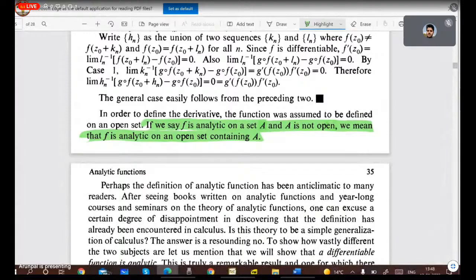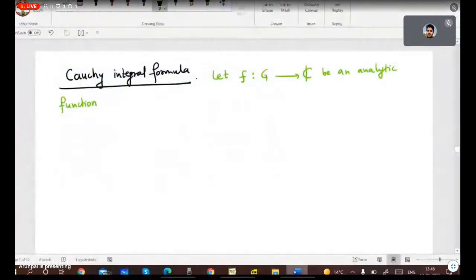This is the assumption taken by the author throughout this book: either the function f is defined on an open set, or if it is defined on some A that is not open, it is understood that f is analytic on an open set containing A. Meaning thereby that here this set G is either open, or if it is not open, there is some open set which contains G, and f is analytic on that open set.